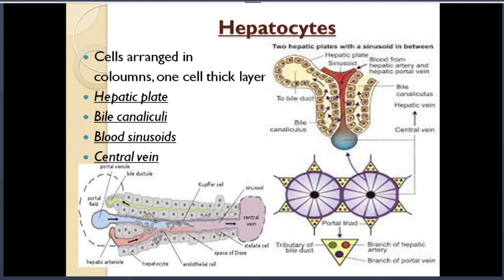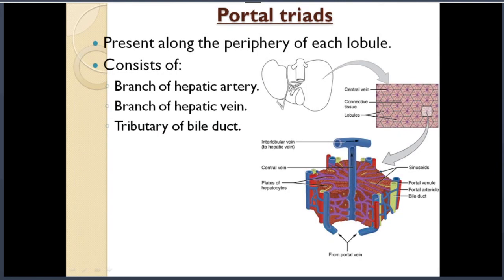In this bile ductule, the bile secreted by the hepatocyte travels away from the central vein. And in the blood sinusoid, the blood comes from the portal vein and hepatic artery and travels towards the central vein. This blood sinusoid is lined by endothelial cells having Kupffer cells in between at regular intervals. These Kupffer cells form the tissue macrophage system of the liver.